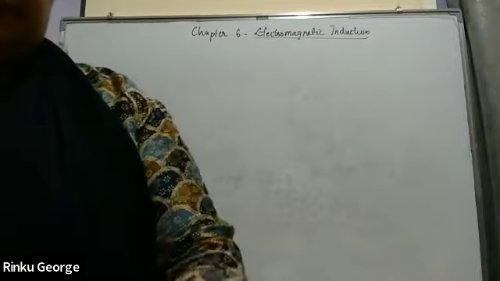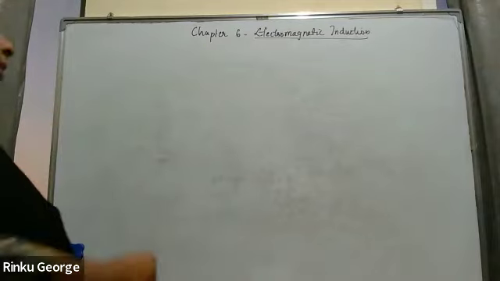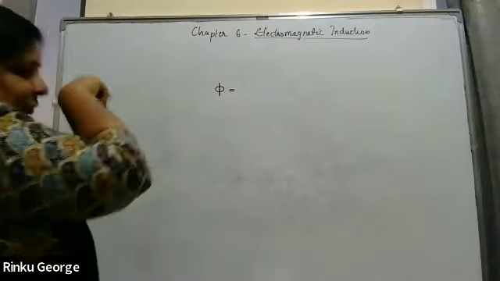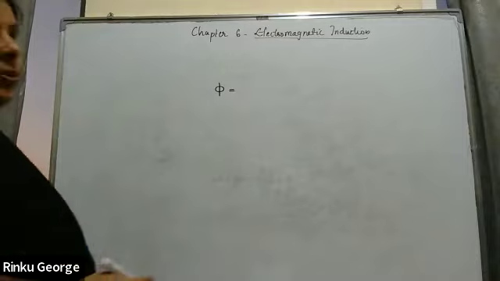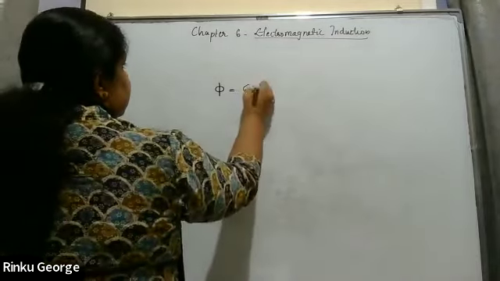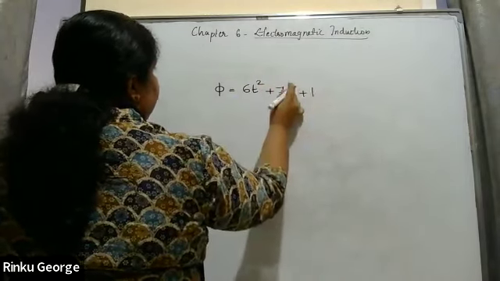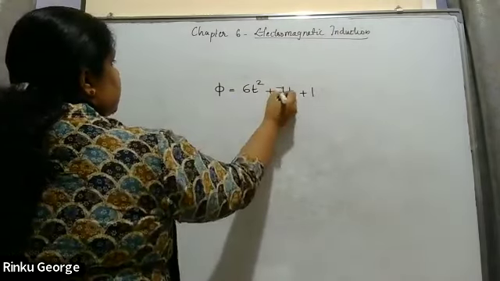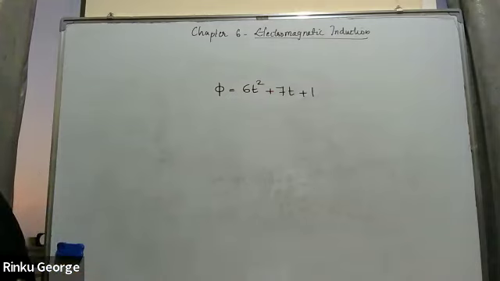Write a problem. The magnetic flux linked with a loop is given by phi is equal to 6t square plus 7t plus 1.